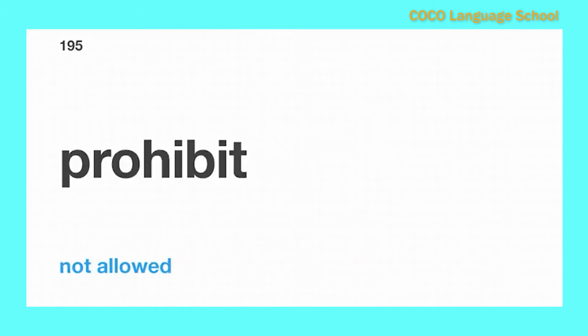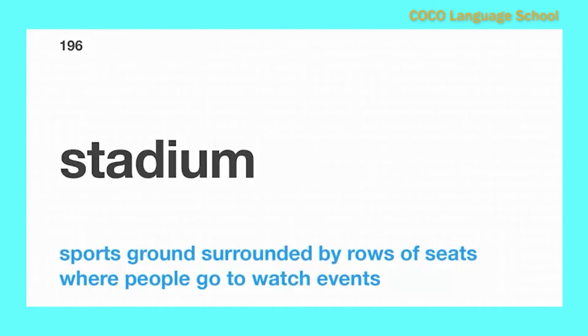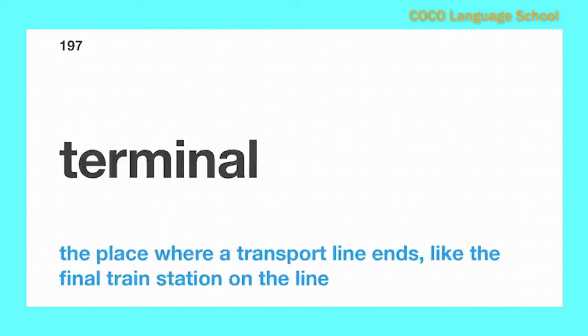Not allowed. Prohibit. Sports ground surrounded by rows of seats where people go to watch events. Stadium. The place where a transport line ends, like the final train station on the line. Terminal.